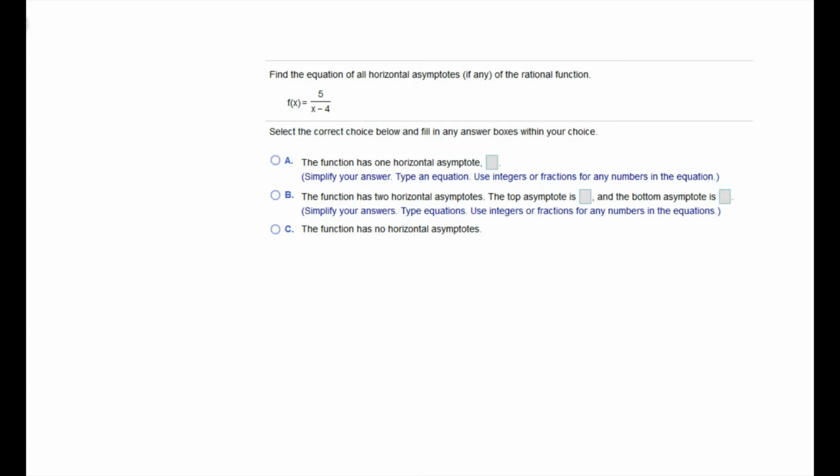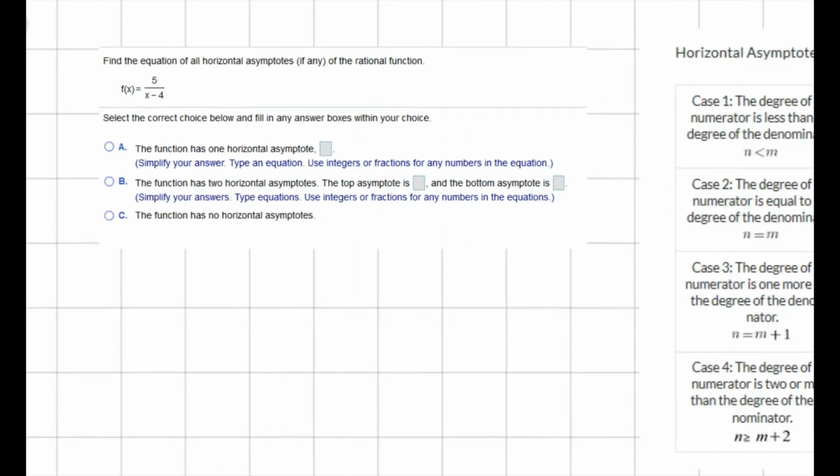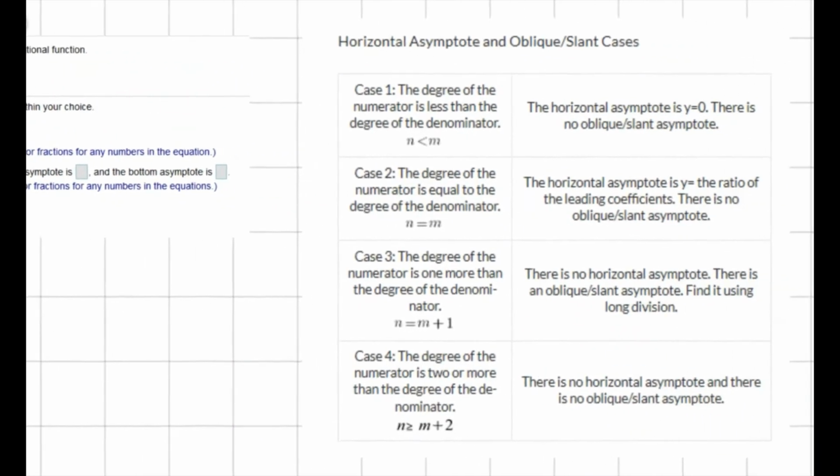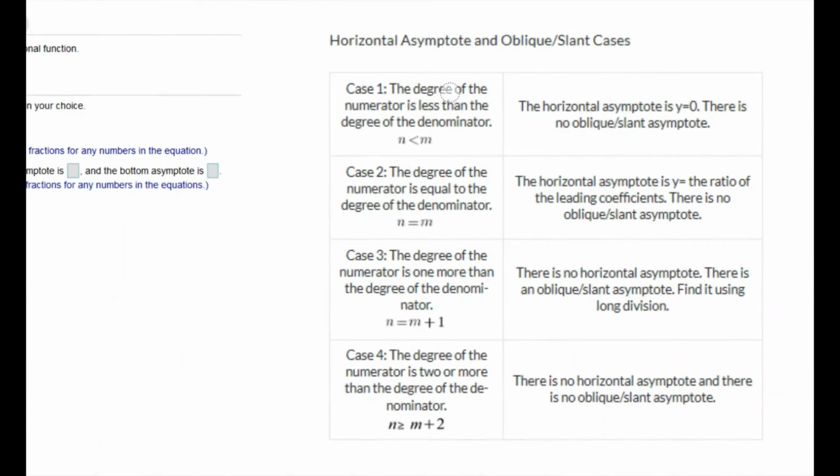If you'll remember, we're looking for the horizontal asymptote for f of x equals 5 over x minus 4. In order for us to find the horizontal asymptote, we need to know the degree of the numerator and the degree of the denominator so we can figure out which one of these cases applies.